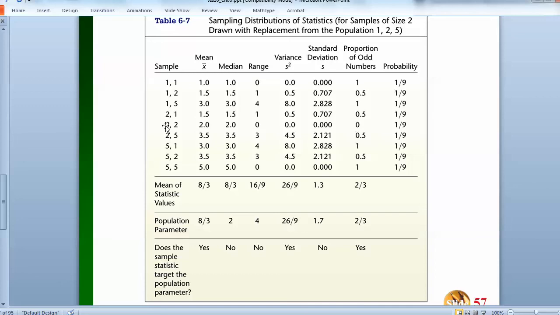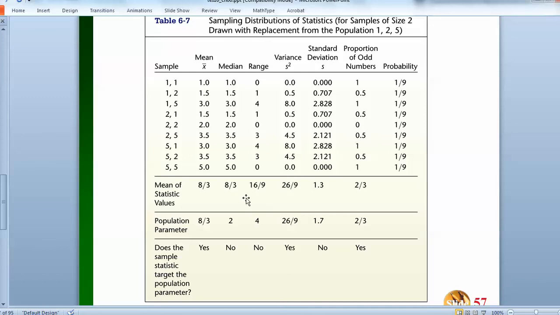So you could look at the first day being picked and then the second day being picked, and that would be a different experience from picking the second day and then the first day. But run all those, list them all out, and then calculate the means of those. So that's what this is doing here, and now we can compare.